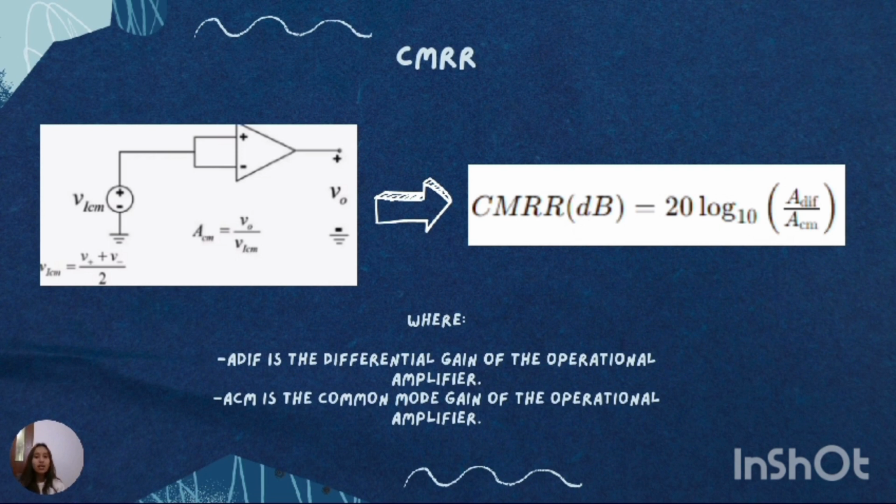A high CMRR indicates that the operational amplifier is effective in eliminating these unwanted signals. Where ADF is the differential gain of the operational amplifier, ACM is the common mode gain of the operational amplifier.